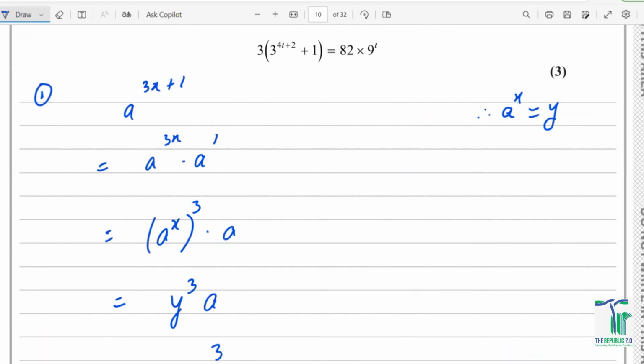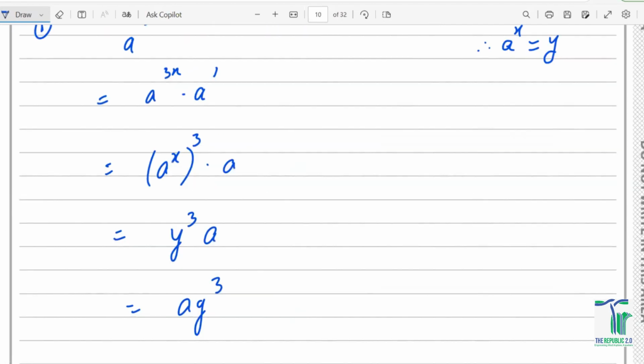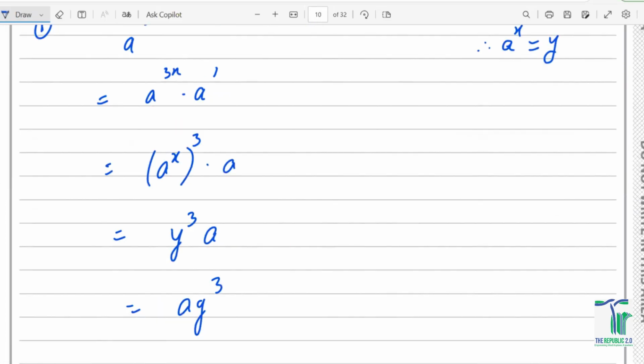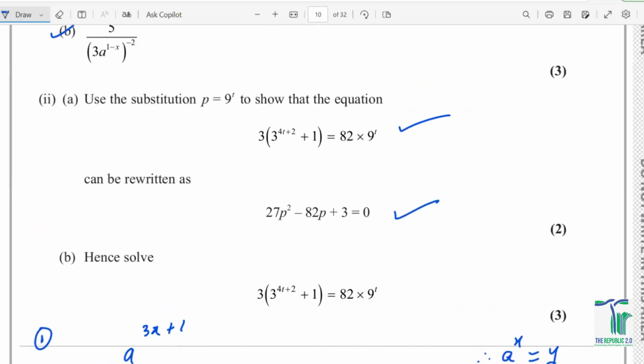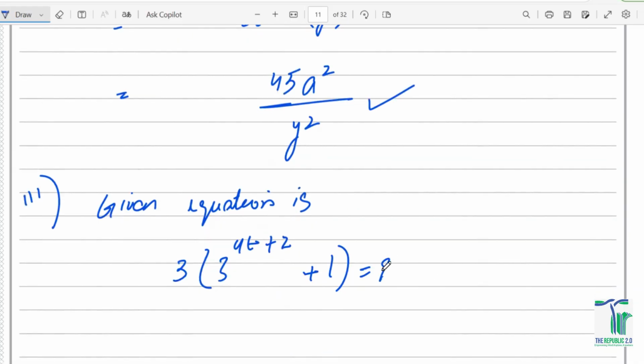3 times 3 to the power of 4t plus 2, plus 1. The given equation was 3 times 3 to the power of 4t plus 2, plus 1, equals 82 times 9 to the power of t.